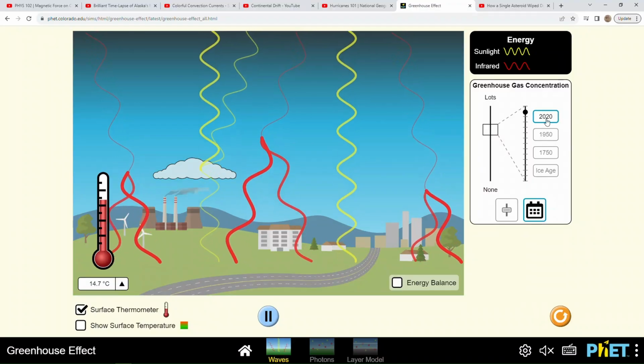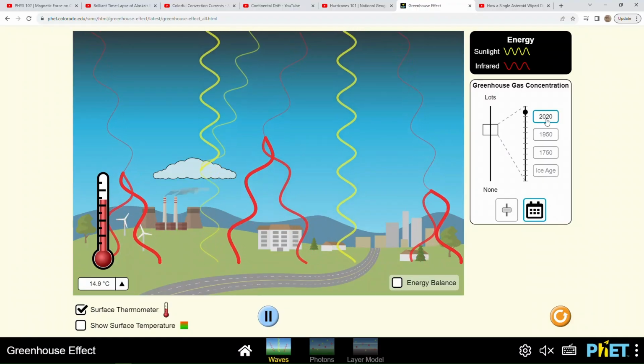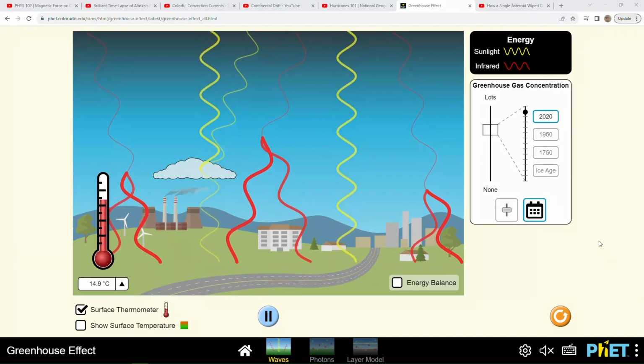Actually, the majority of the carbon dioxide or greenhouse gas is produced by the industrialization of human beings after the Industrial Revolution, instead of by geological activity.